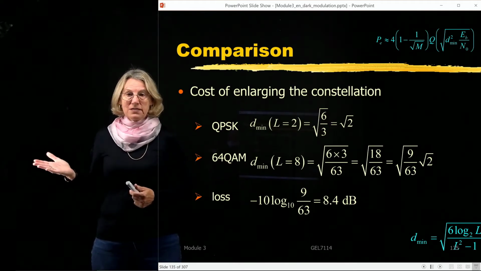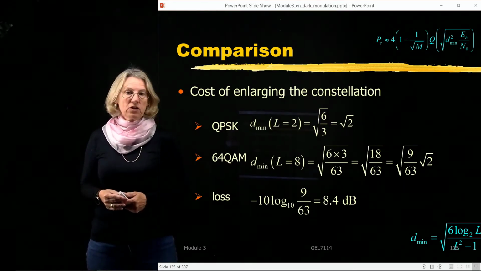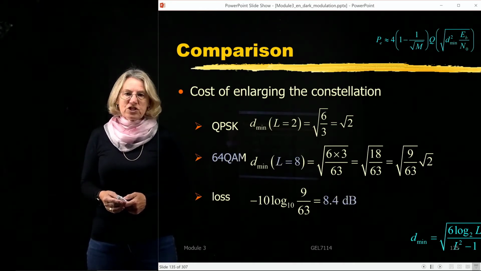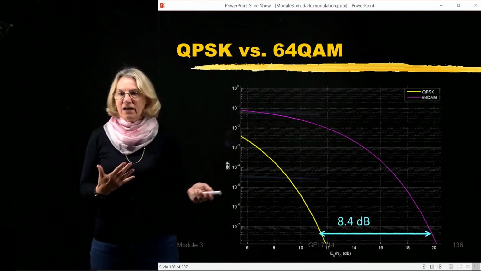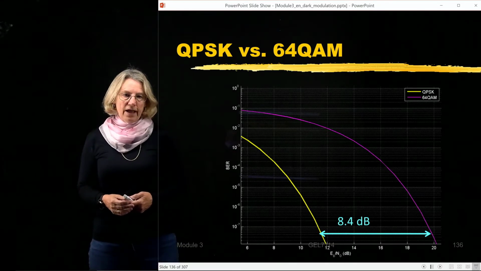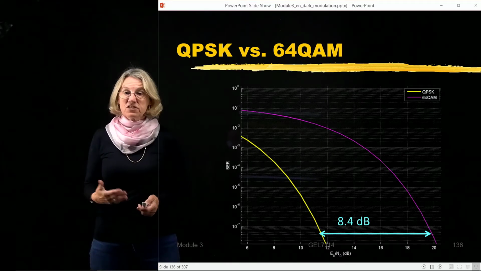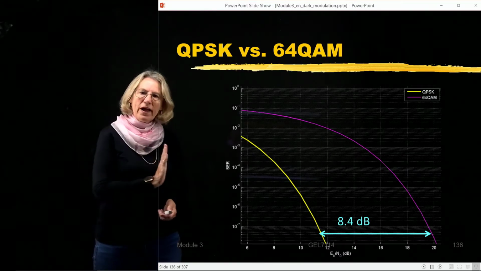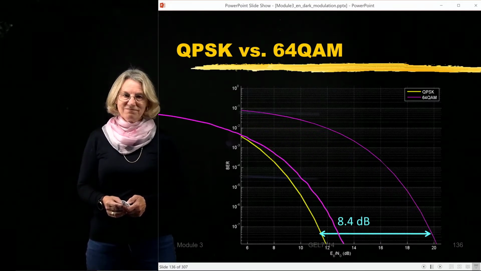So going from 16 QAM to 64 QAM, I'm getting a much bigger loss in this case, which I can visualize again graphically if I prefer. And this is the difference between these two curves. And now asymptotically we can see for 64 QAM it's moved way over. There's 8 dB of loss compared to QPSK.